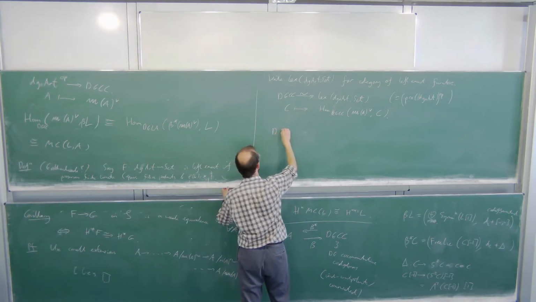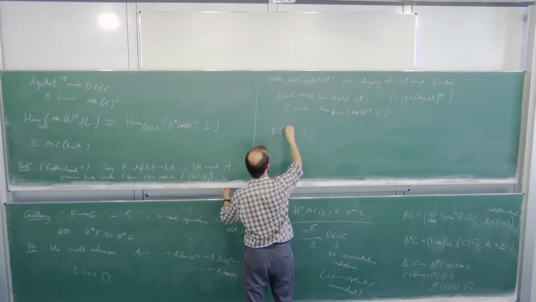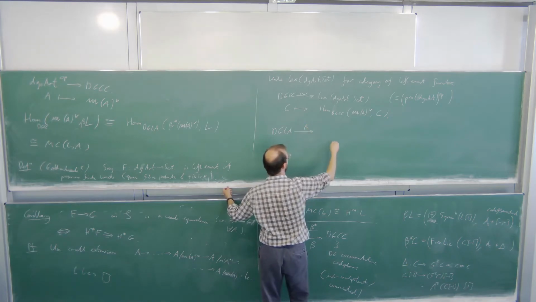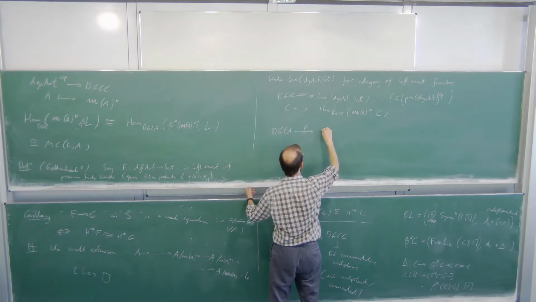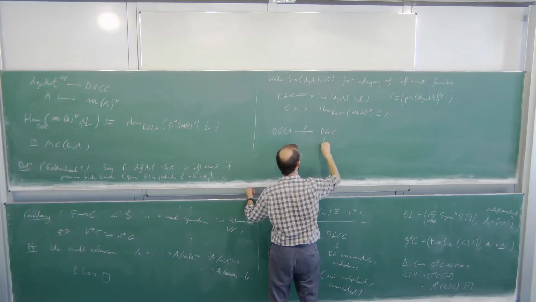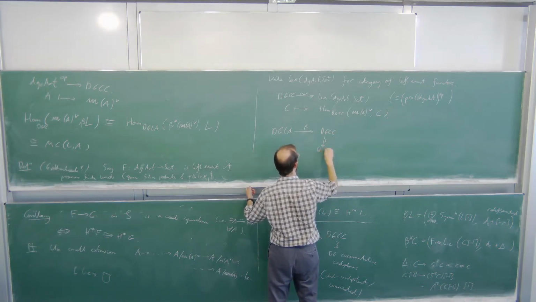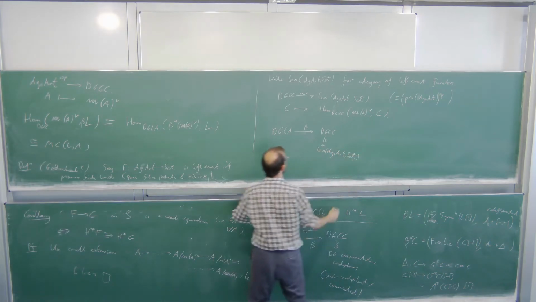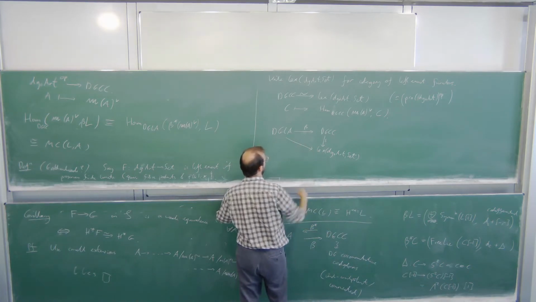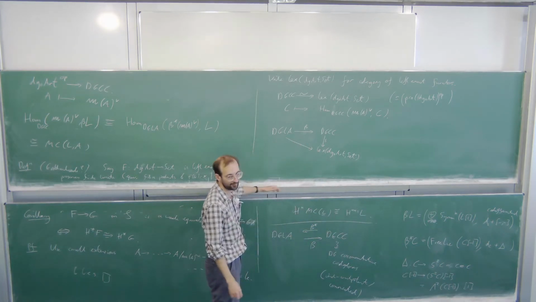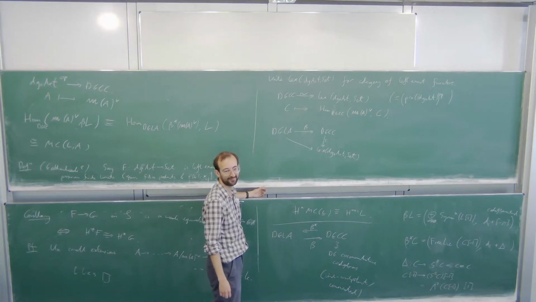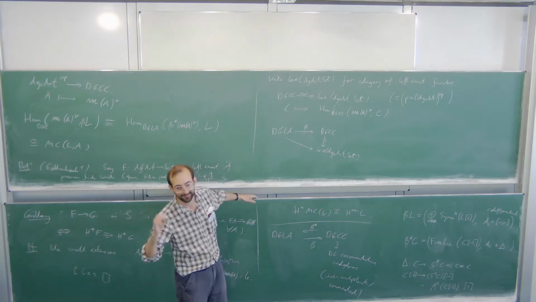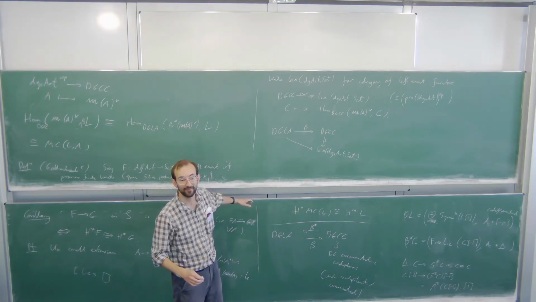So if we think back to our diagram, I've got beta mapping down to DGCC, and I've got this equivalence with these left exact functors. Anyone want to tell me what this composite map is going to be? Yes, exactly.